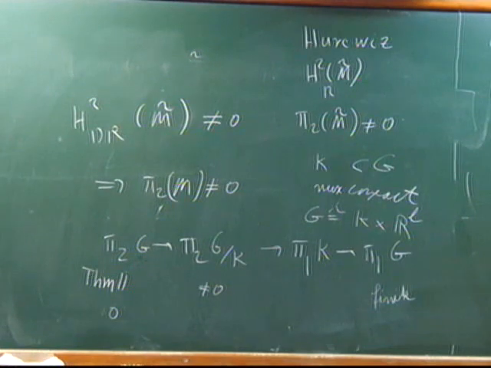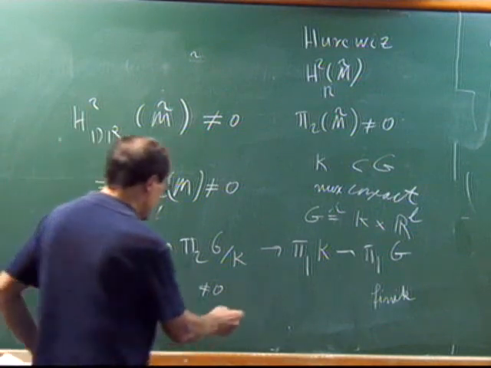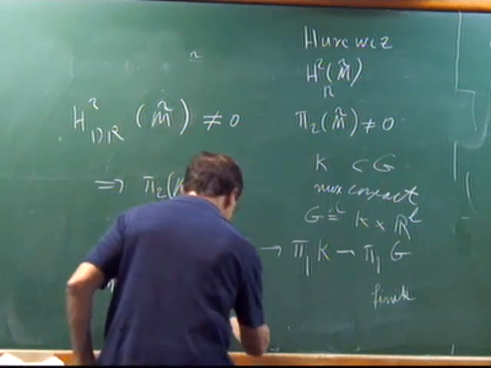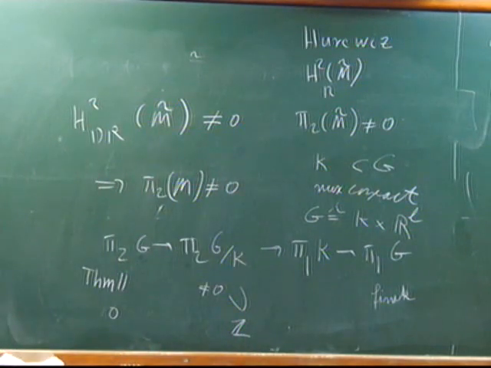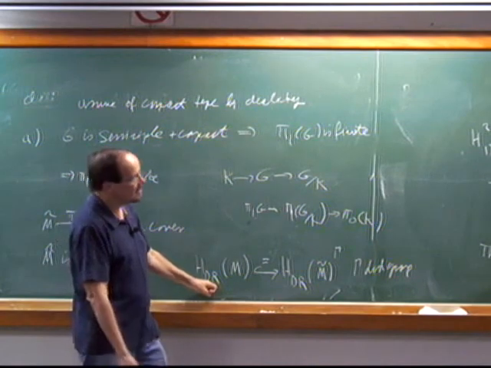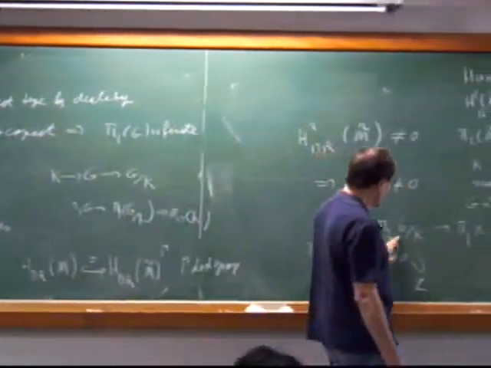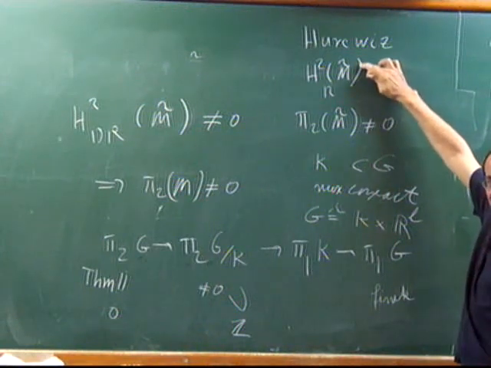What does this imply? Now we have this is 0. This is non-zero. In fact, this contains at least a Z. So this de Rham cohomology group is non-zero, so it contains at least an R. That means the integer homology must at least contain a Z. Because this contains a Z, the de Rham cohomology is this here.